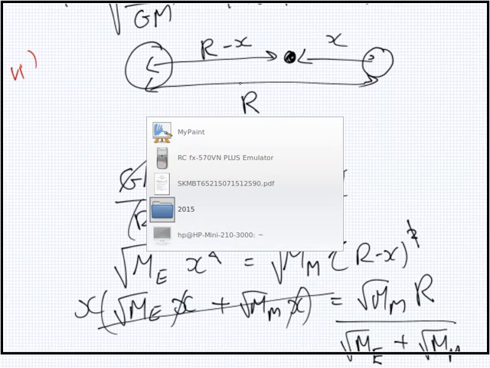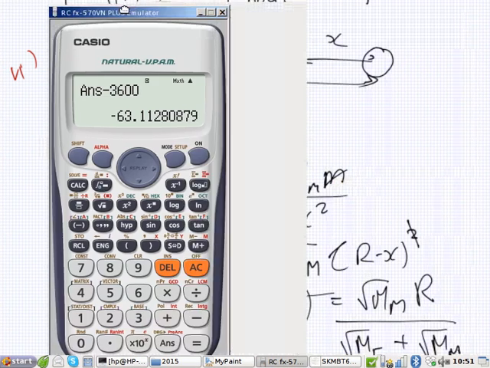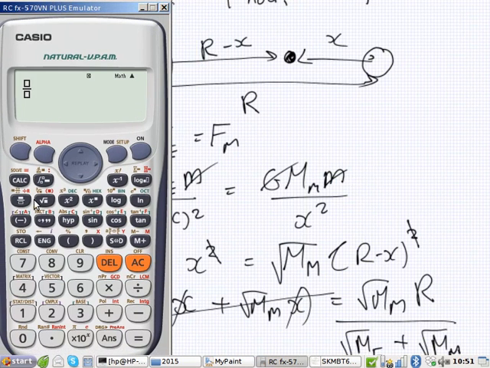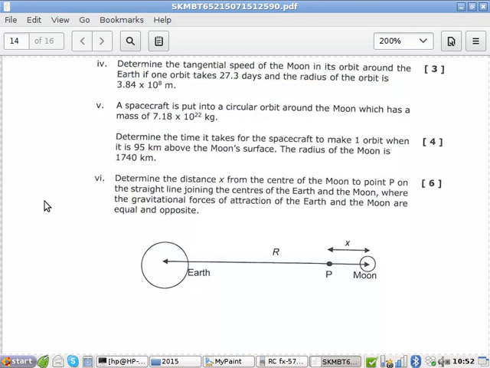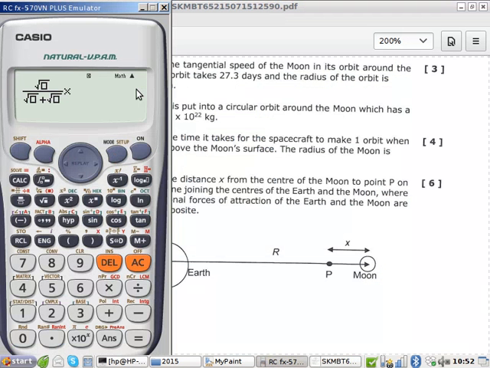So let's just hit that in. On the top I have a root, and on the bottom I have a root plus a root, and we have the radius, which is the distance between the Earth and the moon. Was that given to us? I sure hope it was. Yeah, 3.84 times 10 to the 8 was the distance here. We've worked out the mass of the moon and the Earth earlier, didn't we?